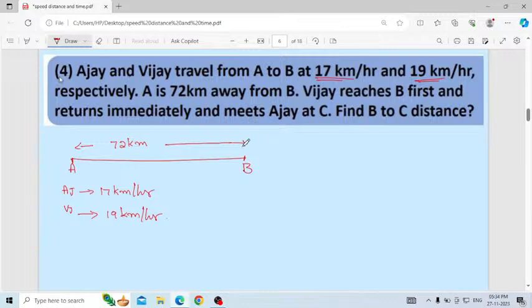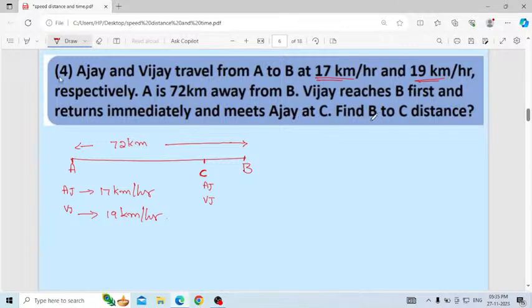Then Vijay reaches B first and returns immediately and meets Ajay at C. Vijay will first reach B, then come back and meet Ajay at the point C, where both of them meet.